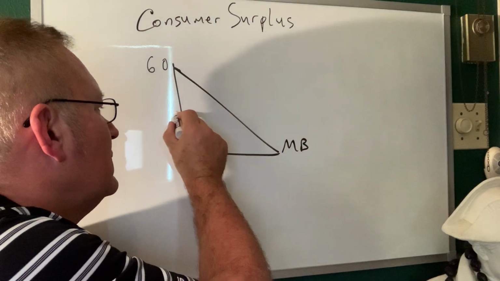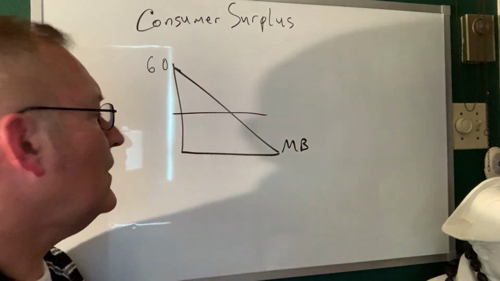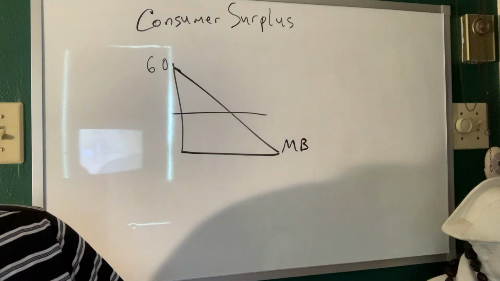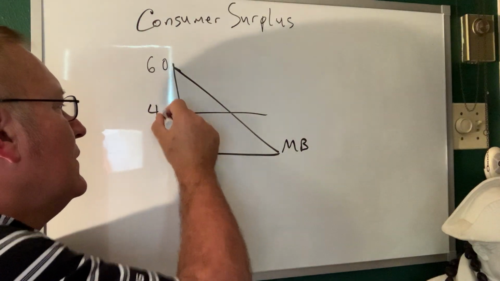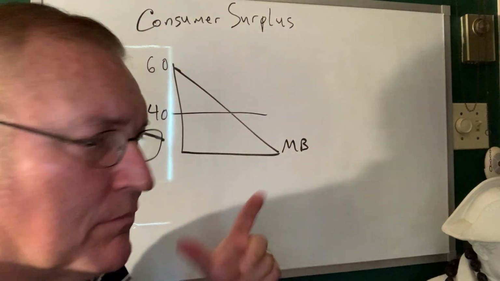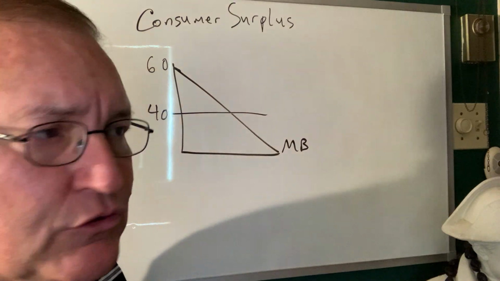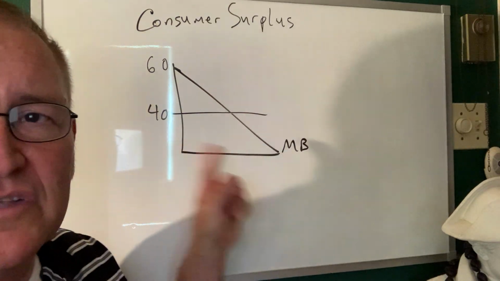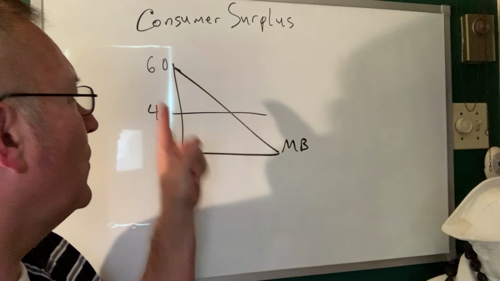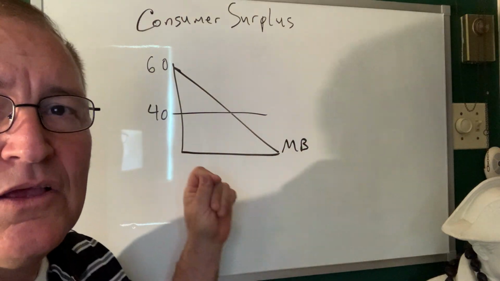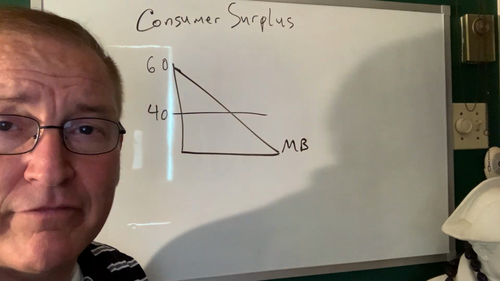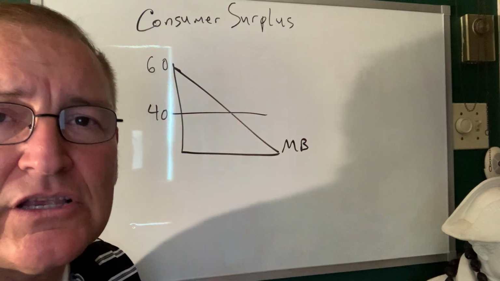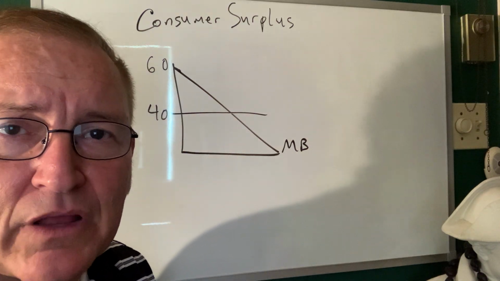It's also generally pretty easy to tell what the buyer actually paid by looking at the price agreed to by the buyer and seller. So in this case, the buyer was willing to pay 60, but only paid 40, and that difference is known as consumer surplus.